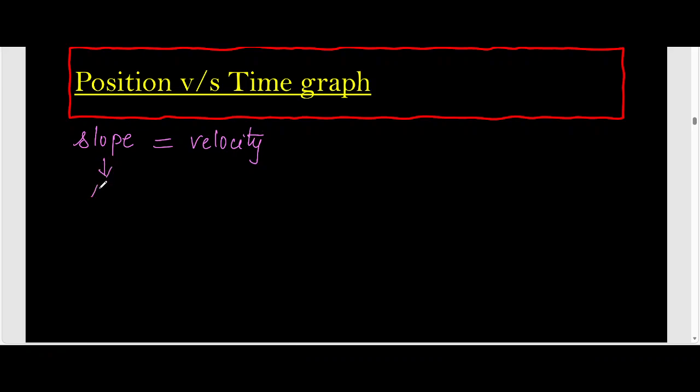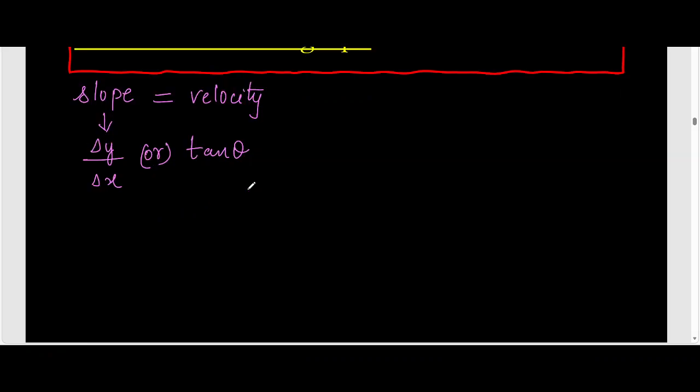According to mathematics, change in y coordinates by change in x coordinates, y2 minus y1 by x2 minus x1. Or if you know the angle, simply you can use tan theta, which also represents the slope of the graph. So for position versus time, the slope of this graph will give you the velocity.